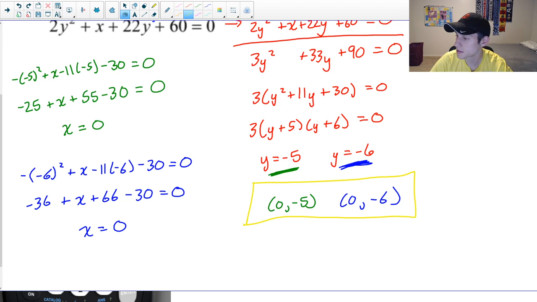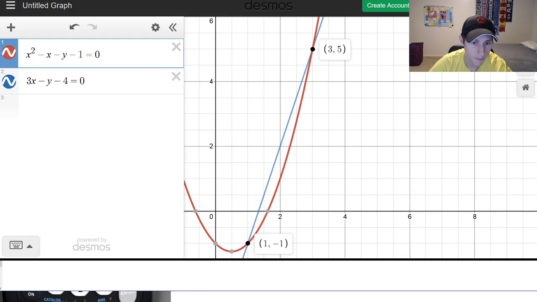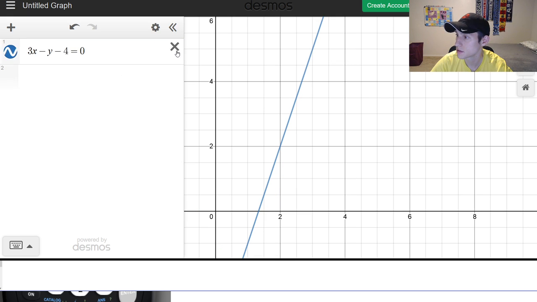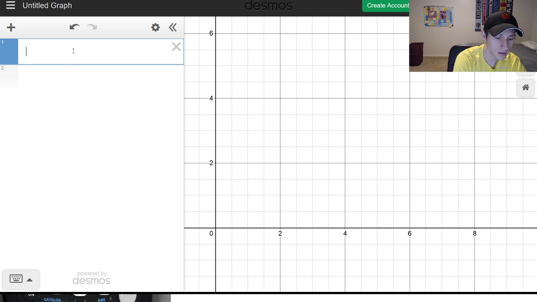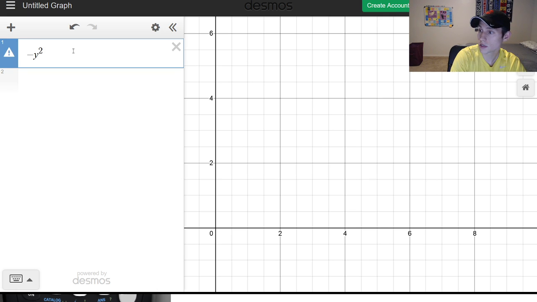Let's look at the graph of this again. So let me pull that back up. Let's get rid of these two. So first, negative y squared plus x minus 11y minus 30 equals 0.